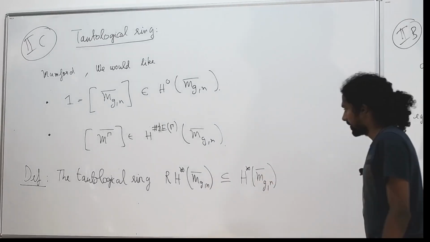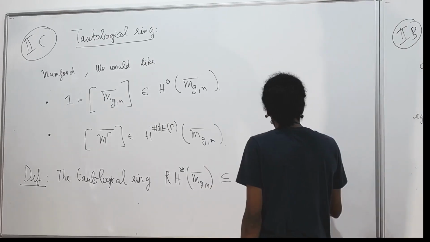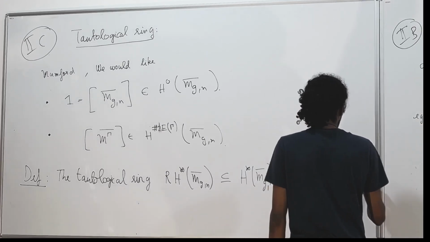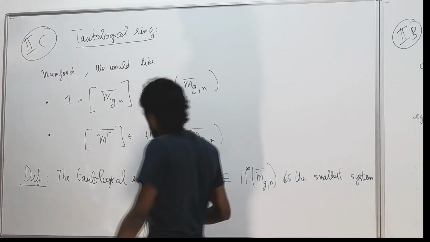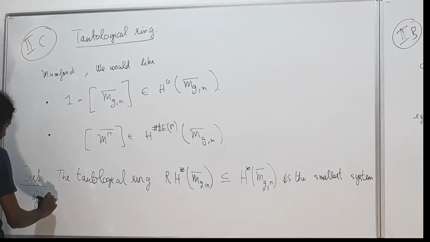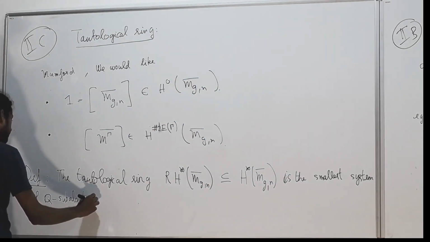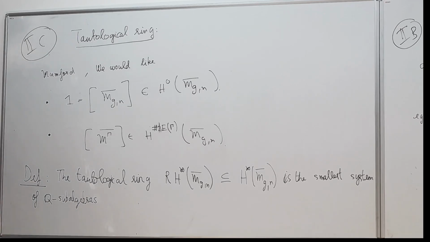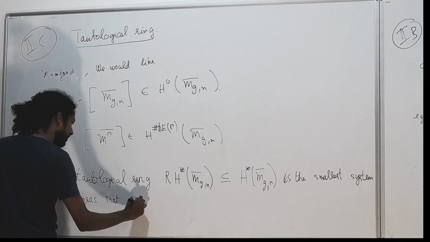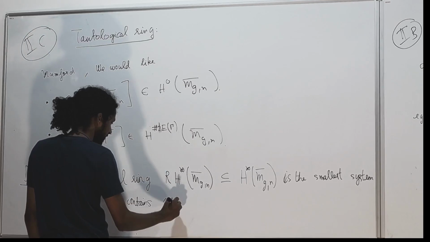It's defined as the smallest subring, okay, so I'm defining all of them at the same time for every g and n, which contains all the units, so all the ones.